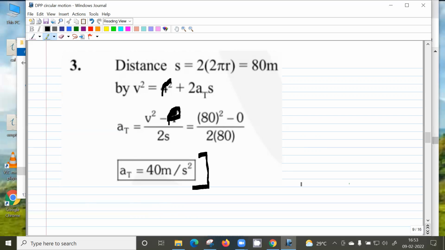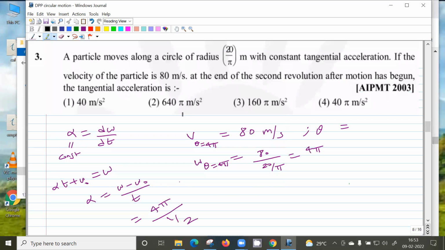So why did they take that initial velocity as 0? They didn't mention that it starts from rest. Okay, it is 0, but they have not mentioned it properly. In the exam also they didn't mention it. See, this is 2003.